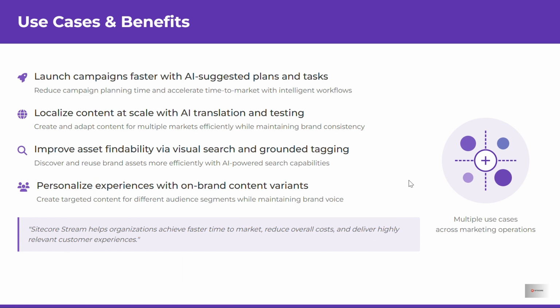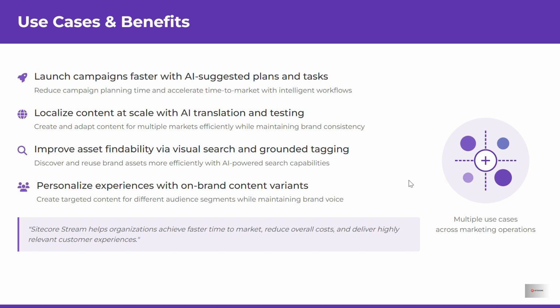So what are the use cases and benefits? There are a number of use cases across marketing operations and other tools. Here are some brief benefits. You can launch campaigns faster with AI suggested plans and tasks, which reduce campaign planning time and time to market.